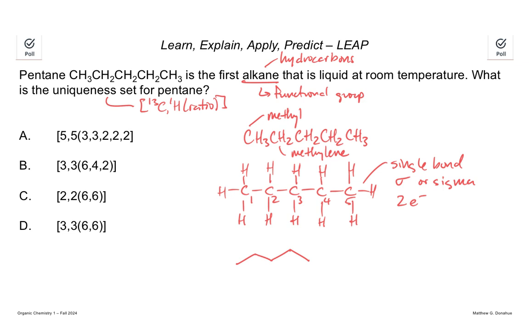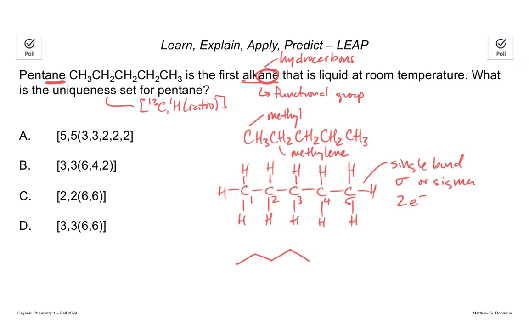So again, this is an alkane, and it's called pentane. Notice the ending of pentane is ANE. And the ending of this functional group as well is ANE. So when we learn about classes of functional groups, they're really telling you the nature of what is in the molecule.